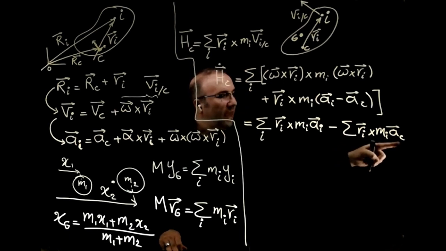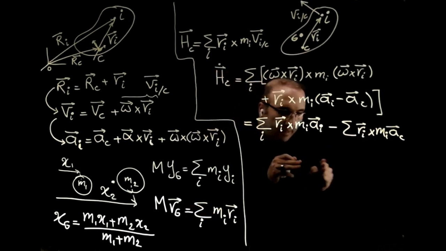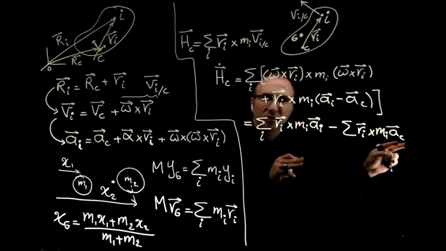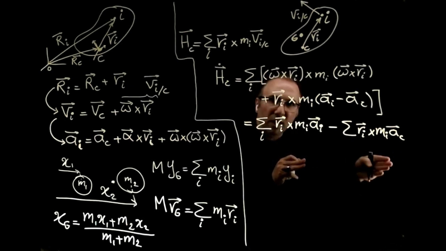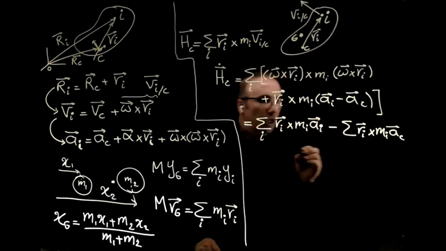Now, you see, this AC is constant. It comes out of this sigma. It's like I'm adding a bunch of things, and I can factor out that AC. It is a common factor in the summation, so I can factor it out and bring it out of the sum.